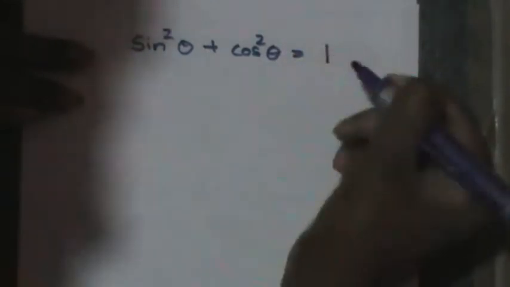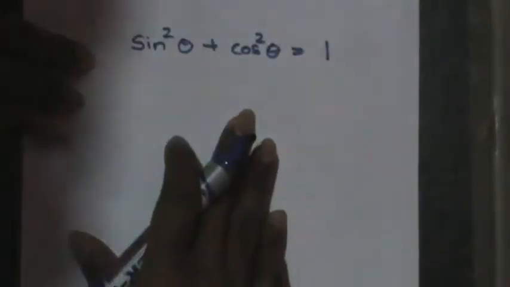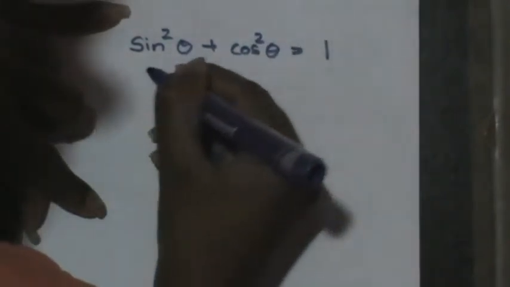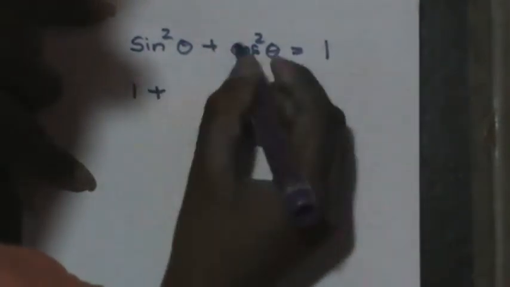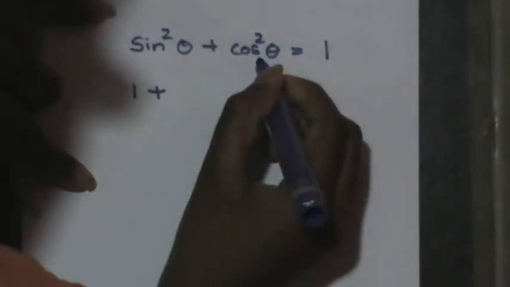I'll first write the equation again: sin squared theta plus cos squared theta equals 1. And I'll divide the whole equation by sin squared theta. So sin squared theta divided by sin squared theta is 1, plus cos squared theta divided by sin squared theta is cos theta divided by sin theta, whole squared.